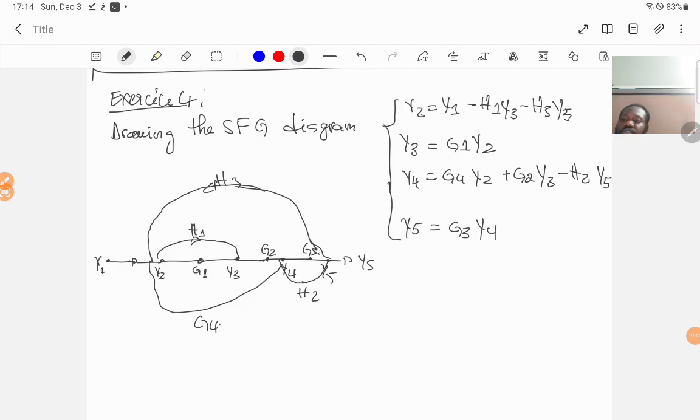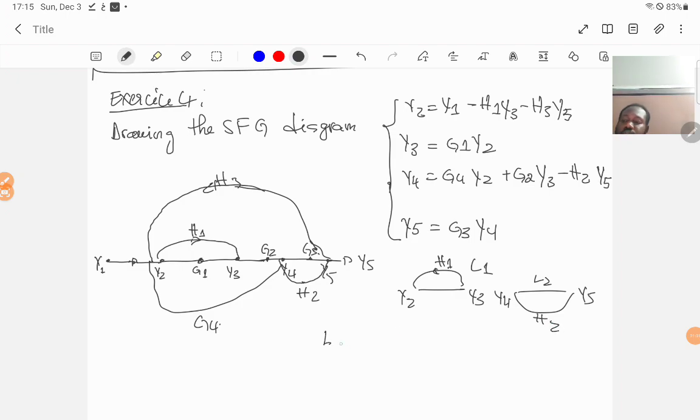So those transfer functions will be like that, and the single loops will be like y2, y3, h1 as loop number 1, and loop number 2 will be y4, y5, h2.